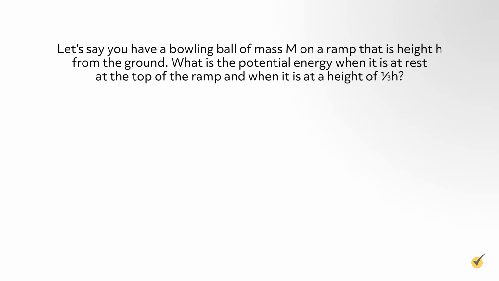Now that we've learned all about kinetic energy, potential energy, and work, let's test it out with some problems. Let's say you have a bowling ball of mass m on a ramp that is height h from the ground. What is the potential energy when it is at rest at the top of the ramp and when it is at a height of 1/3 times h?